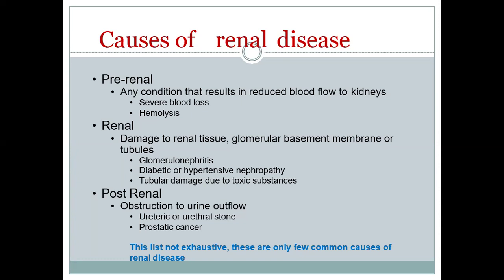And the post-renal causes of renal disease include obstruction to urine flow, which is seen in urethral stone or in prostatic cancers. These are only a few common causes of renal diseases.